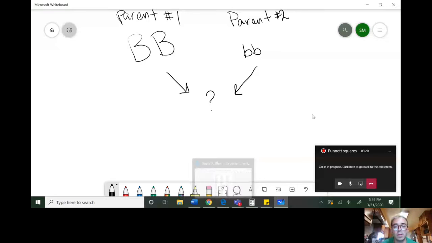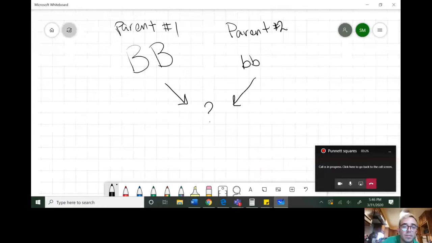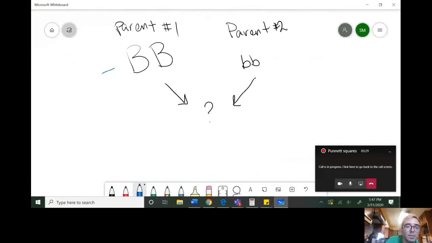Well, what we do is we like to utilize our Punnett squares. This would be our genotype. And we would say that our genotype is homo, meaning one.